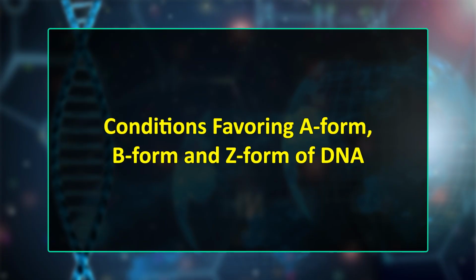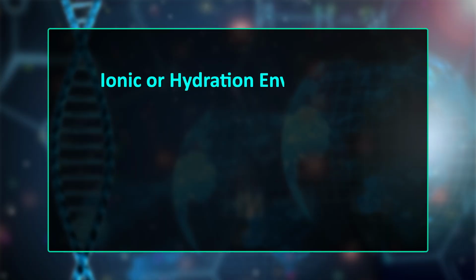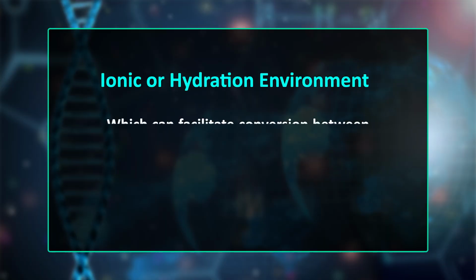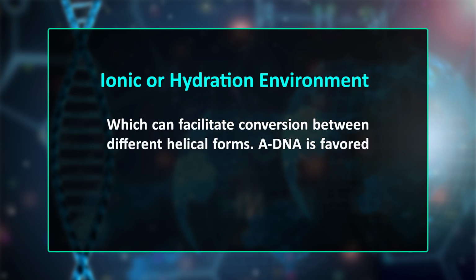Let's now discuss the conditions favoring A form, B form, and Z form of the DNA. Whether a DNA sequence will be in the A form, B form, or Z-DNA form, conformation depends on at least three conditions. The first condition is the ionic or hydration environment, which can facilitate conversion between different helical forms.